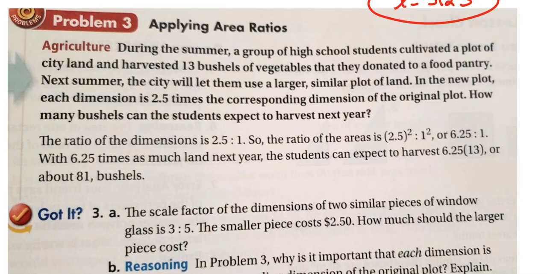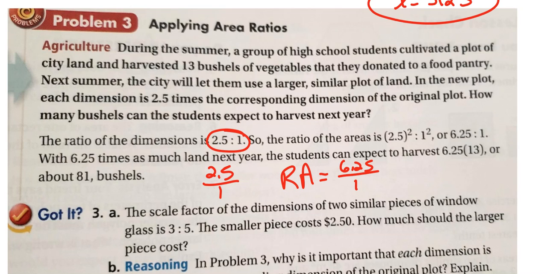All right, so I would figure out what my ratio of similarity is, which they already wrote here for you, would be 2.5 to 1. That would mean I could figure out what the ratio of my areas is going to be by squaring this. So 2.5 squared is 6.25, and 1 squared is 1.